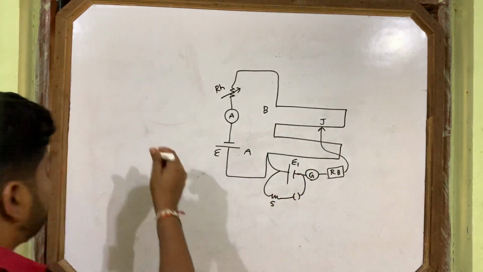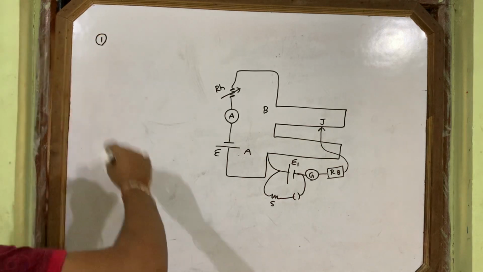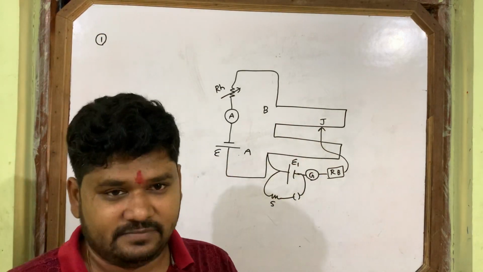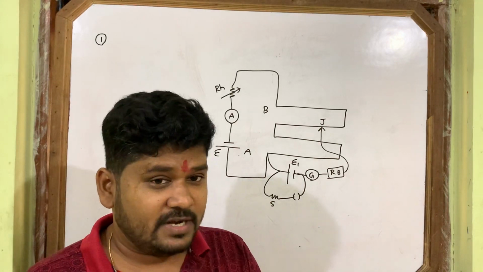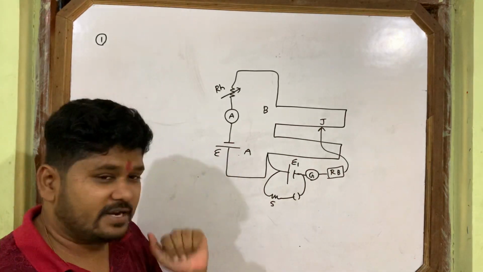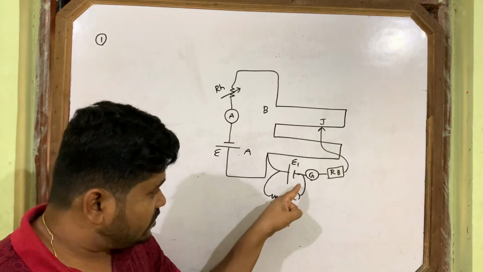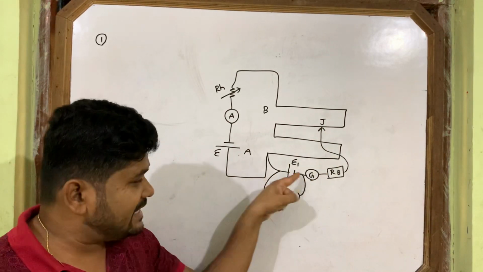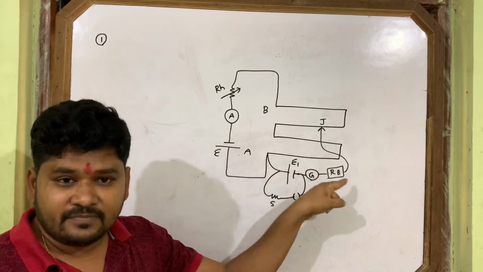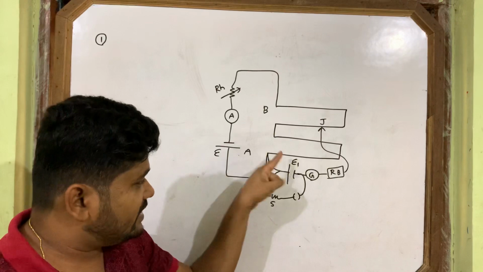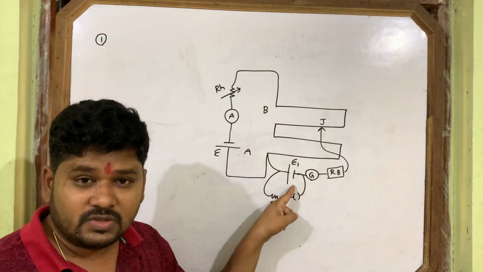Now see here, first formula. What is the current that passes through this potentiometer wire? Actually, who provides the current? The driver cell provides the current. And at the null point, when the jockey is at the null point, no current passes through the galvanometer. So in this line, no current passes. In this line, no current passes. For current flow in this wire, this cell has no role.